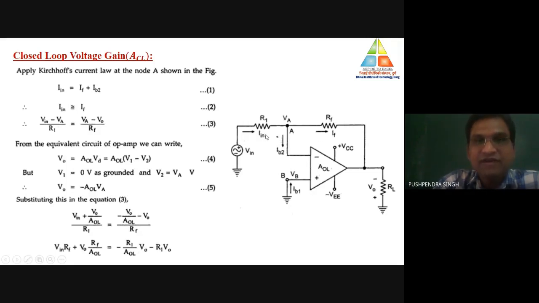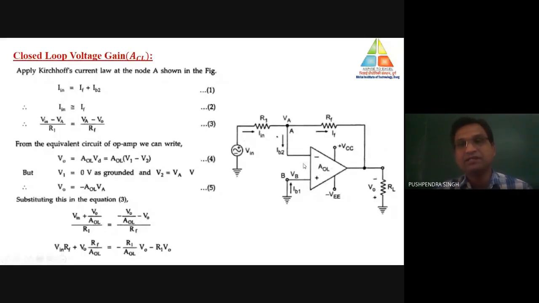What is the value of IN at this particular node? I am applying KCL over here. So IN is equal to IB2 plus IF. So what is IB2? Among the parameters of the operational amplifier, one important thing I discussed with you is that the input impedance of the operational amplifier is infinite in ideal condition.